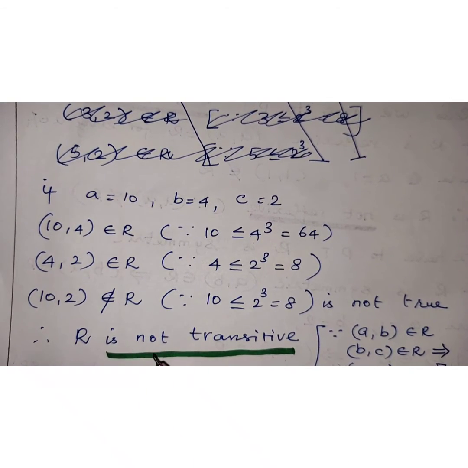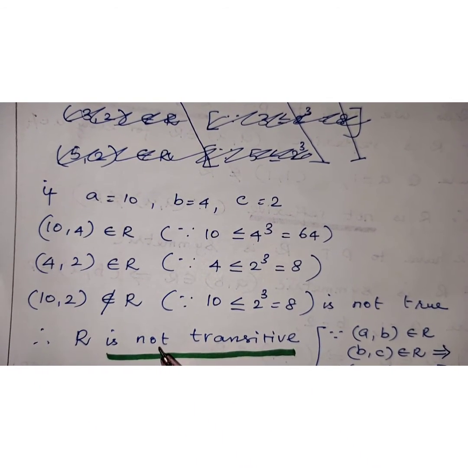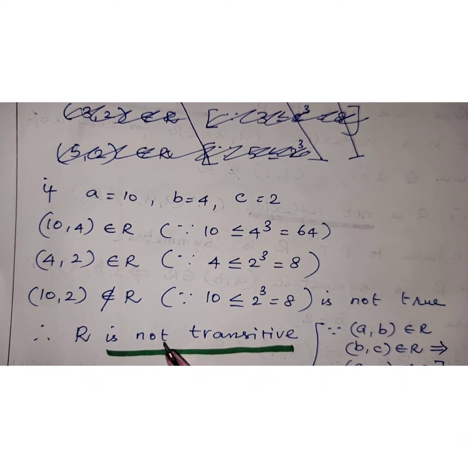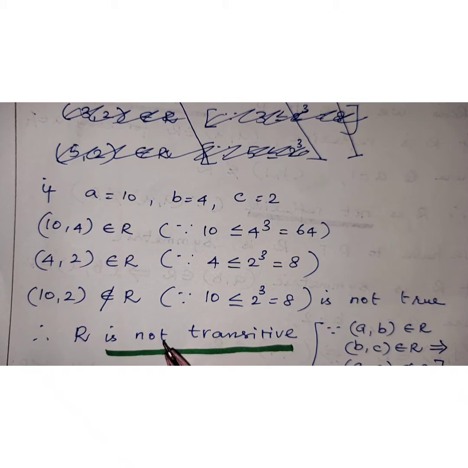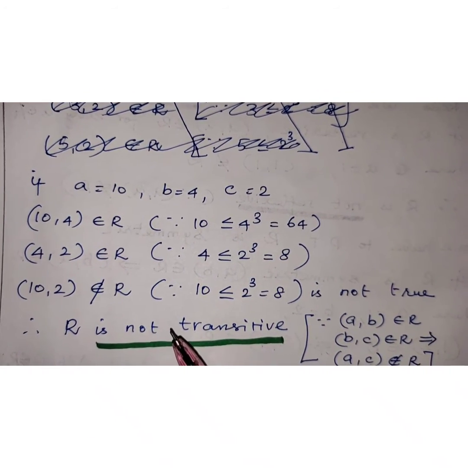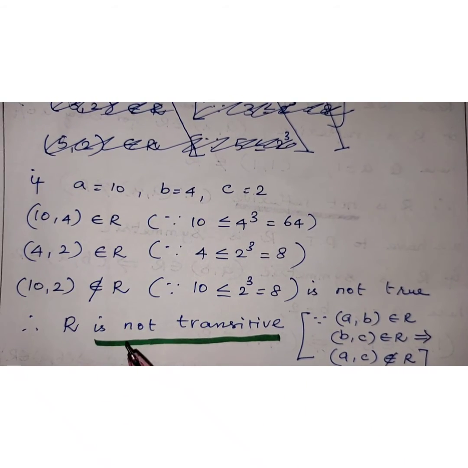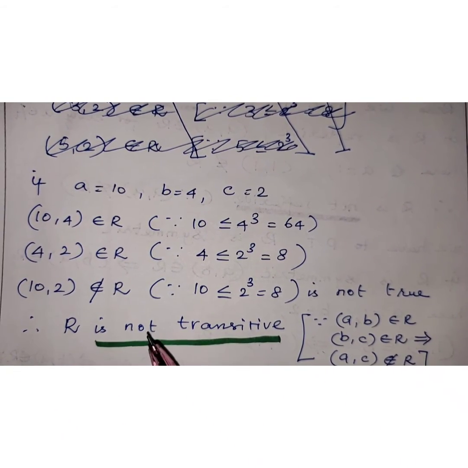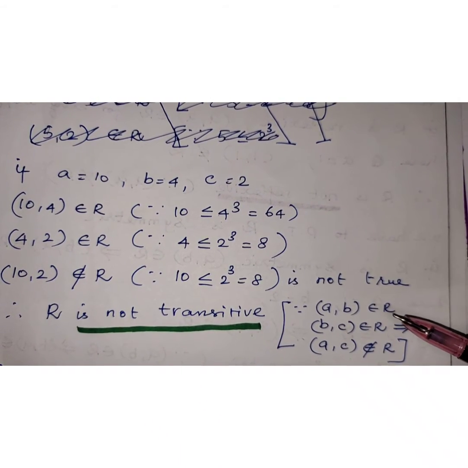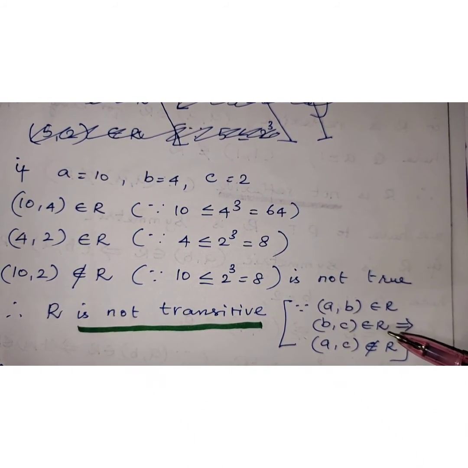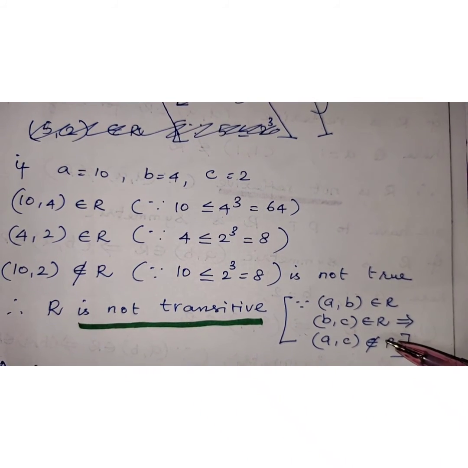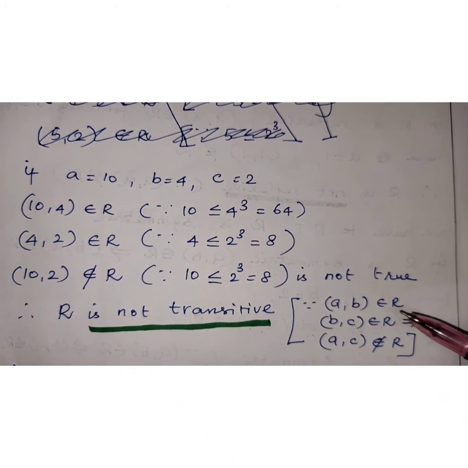Therefore we have the conclusion that R is not transitive because the given relation does not satisfy the transitive condition. We write R is not transitive since (a, b) belongs to R and (b, c) belongs to R, but that implies (a, c) does not belong to R. Therefore R is not transitive.